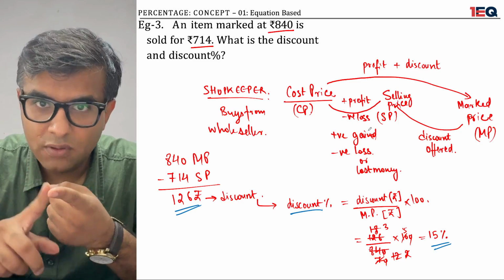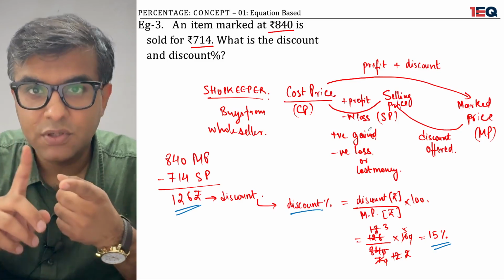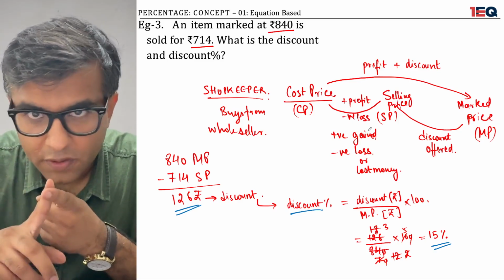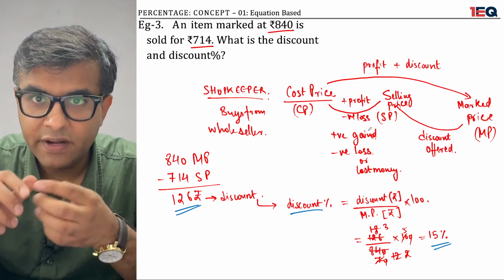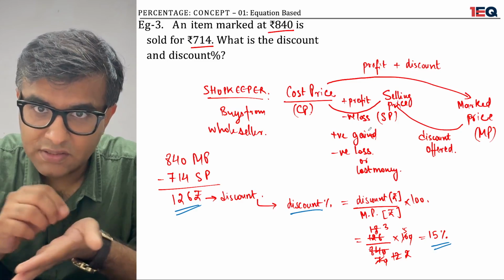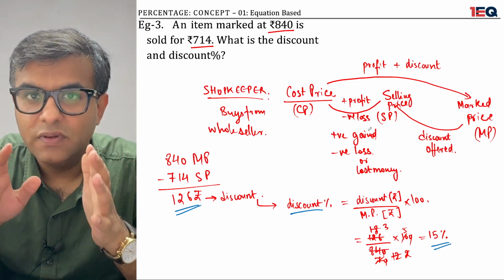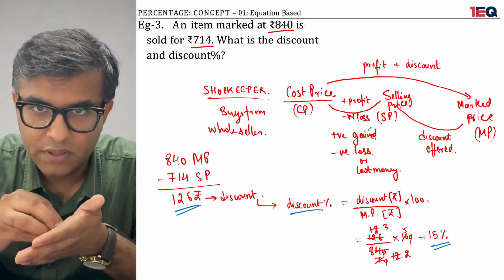All the money that you give to the wholesaler to buy the product from him and keep in your shop becomes your cost price. Got it? Now, every time you write down the prices on your goods, you have to always keep in mind that you will have the profit as well as discount in it.